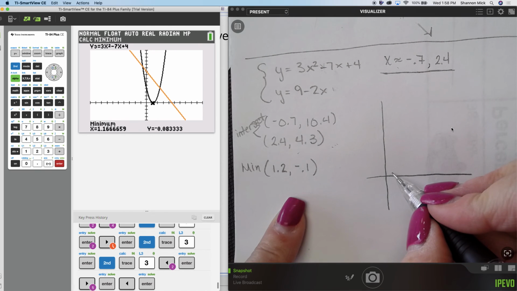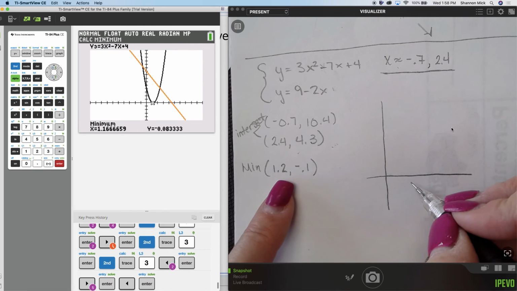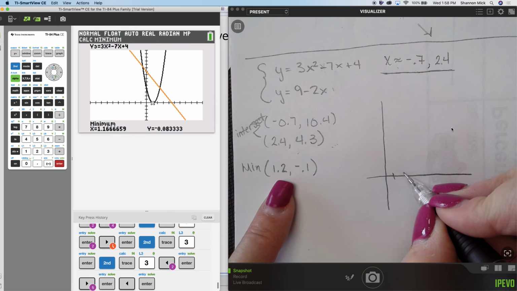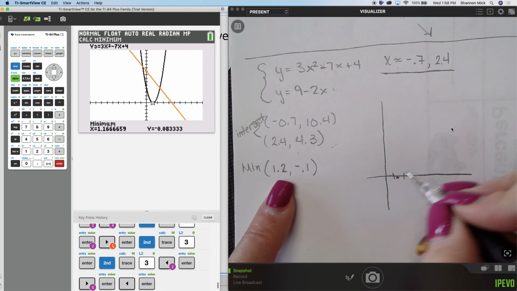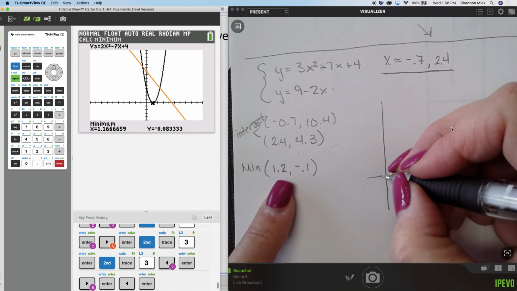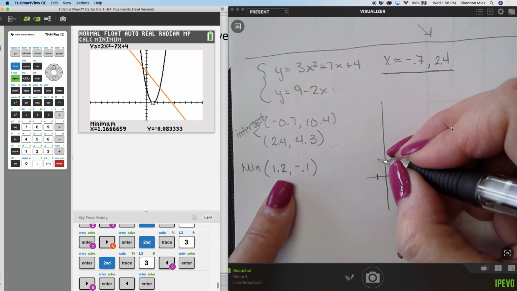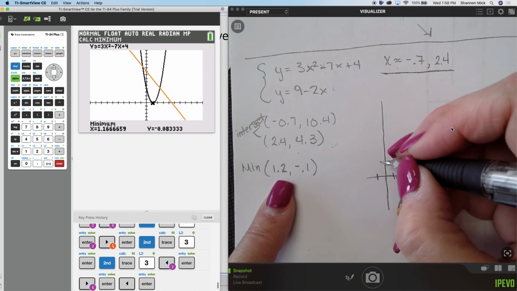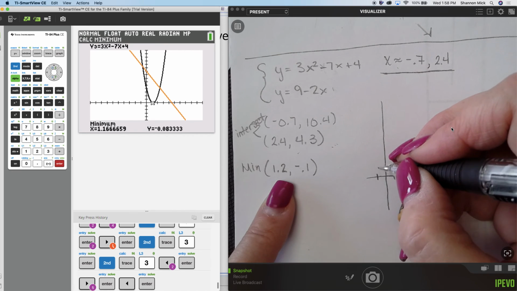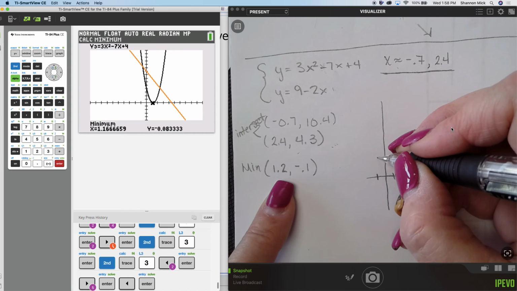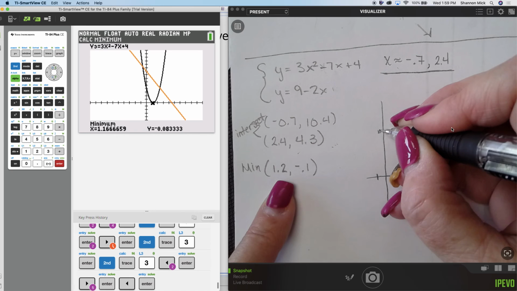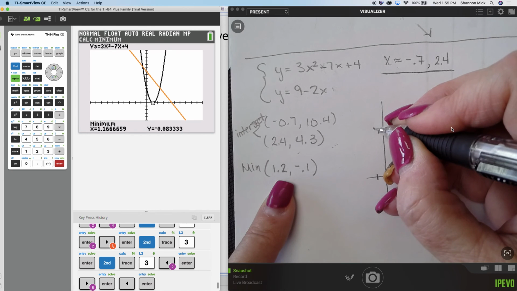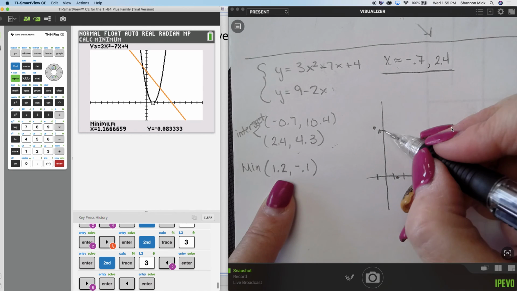I just do one line and put one. No, that's fine. Like I just put 10 instead of 10.4.